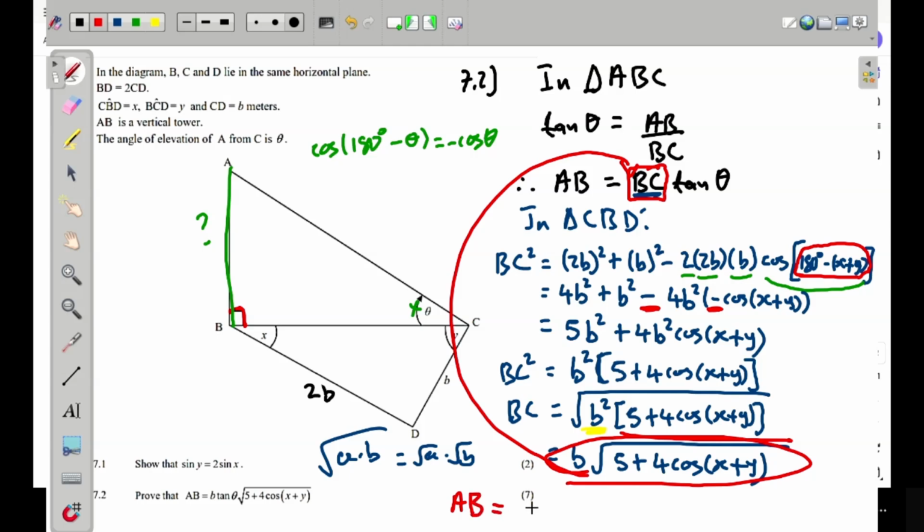AB is equal to b square root of 5 plus 4 cos of x plus y times tan theta, which is exactly what they asked you to find. And just like that, we are done with the proof.